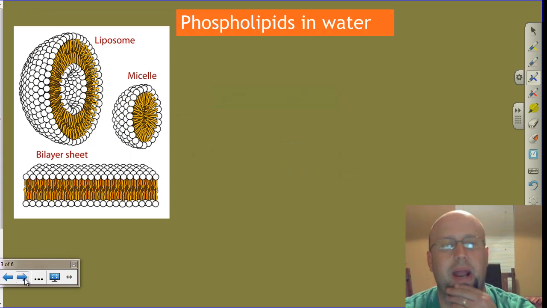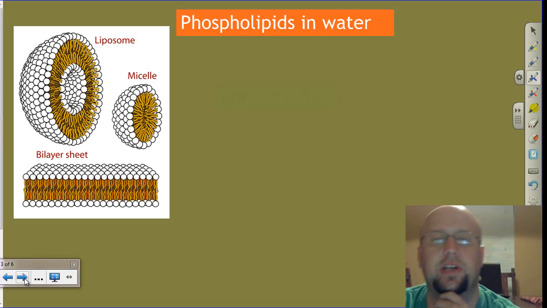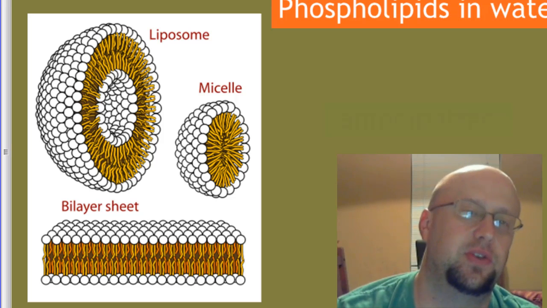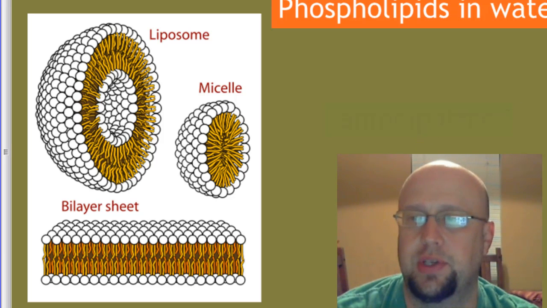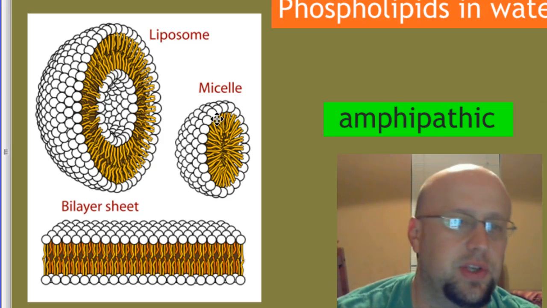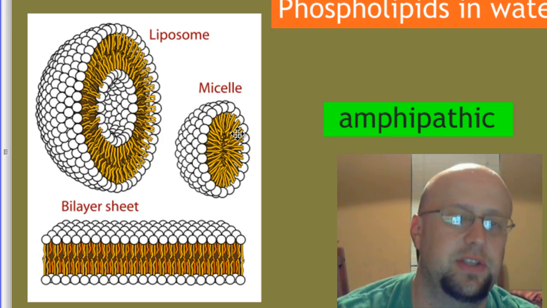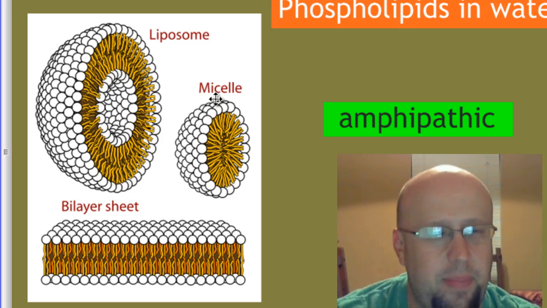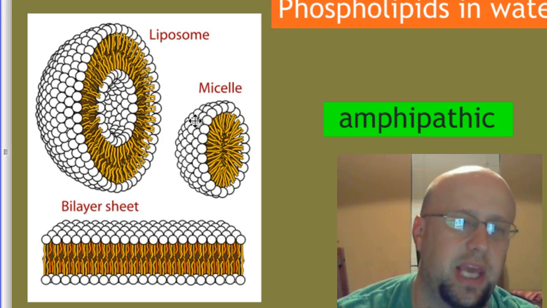Now, what happens is pretty interesting when you put phospholipids into water. They're going to do some pretty cool things. They are going to arrange themselves into these little patterns here. Imagine that water is on the outside.